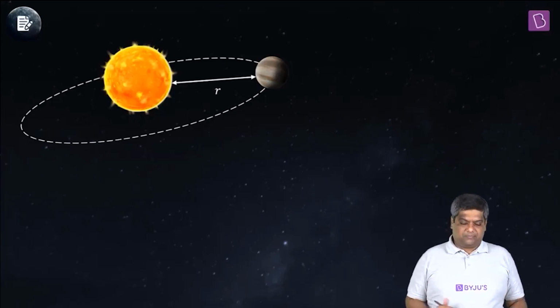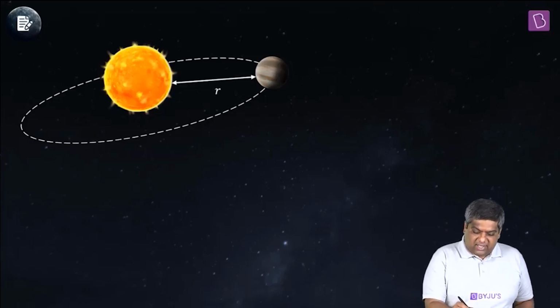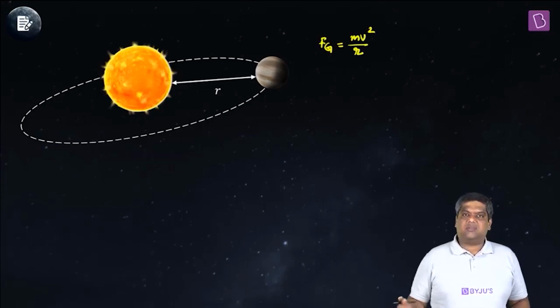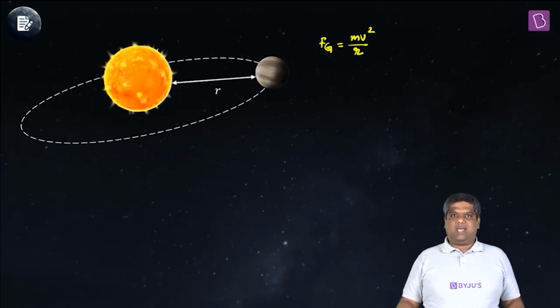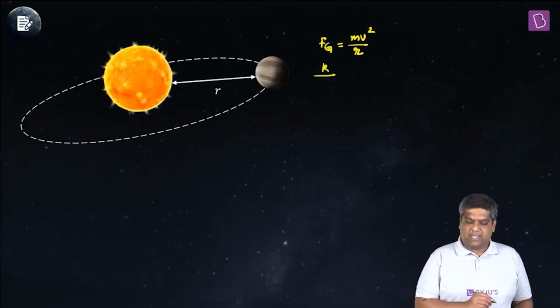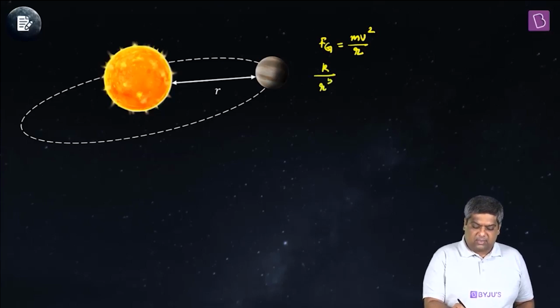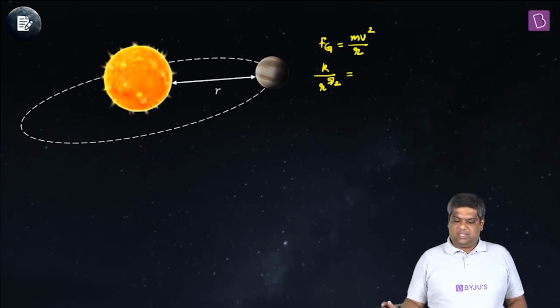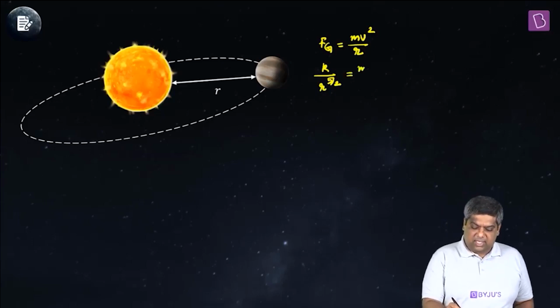So let us answer. Well, the gravitational force here must provide the necessary centripetal force, which is mv squared by r. Agreed? Now the gravitational force is some constant k divided by r to the power 5 by 2 according to the problem itself, and that is equal to mv squared by r.